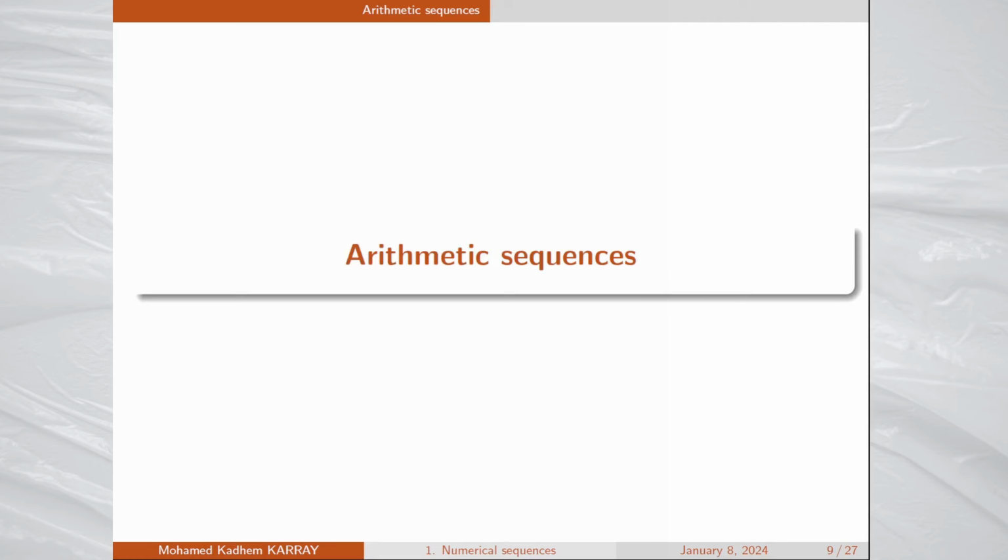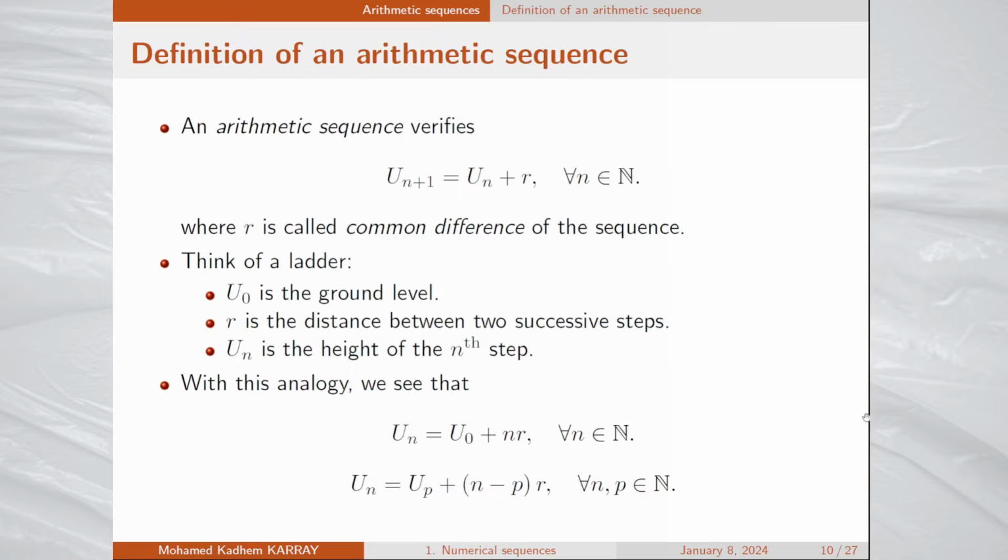Consider firstly arithmetic sequences. An arithmetic sequence verifies un plus 1 equals un plus r, where r is called the common difference of the sequence.